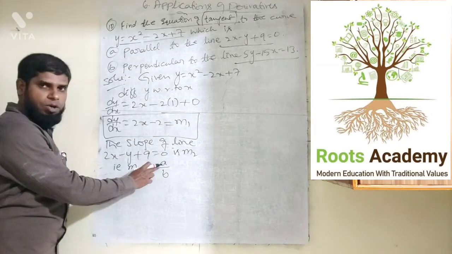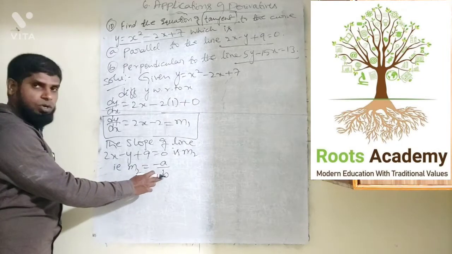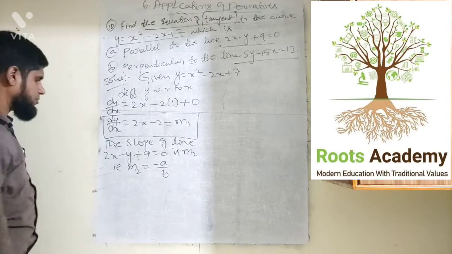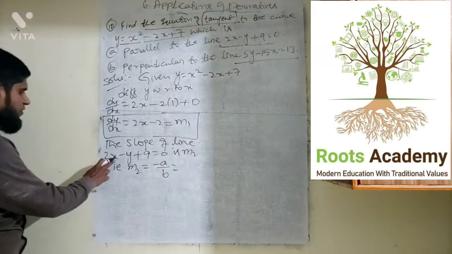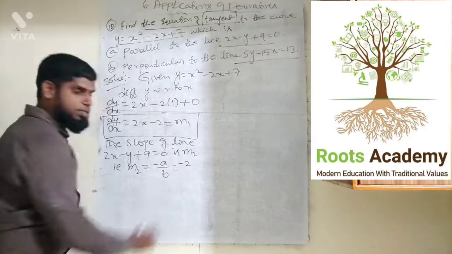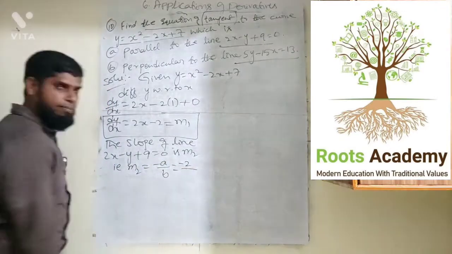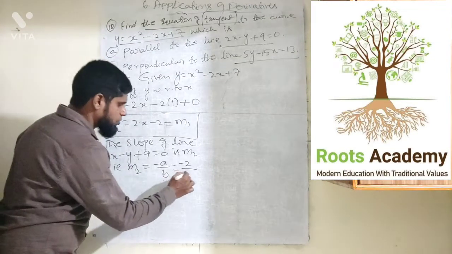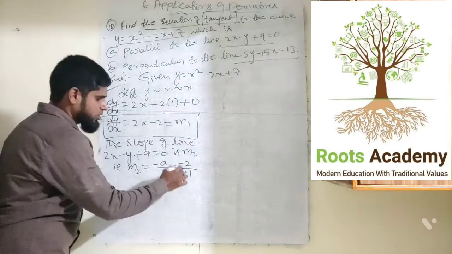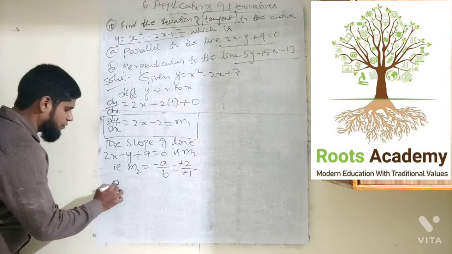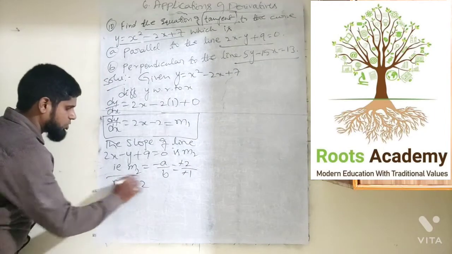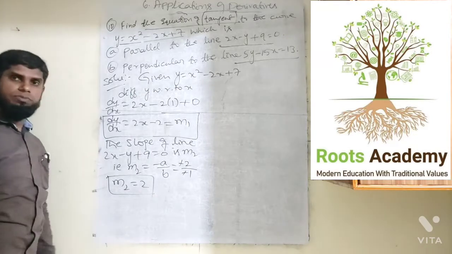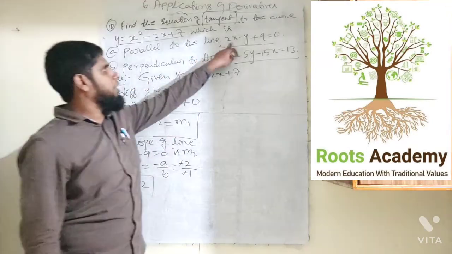A is the coefficient of x, b is the coefficient of y. The coefficient of x is 2 here, so it is minus 2 divided by the coefficient of y, which is minus 1 here. Minus minus gets cancelled, so finally my m2 is 2. So the slope of this line is 2.